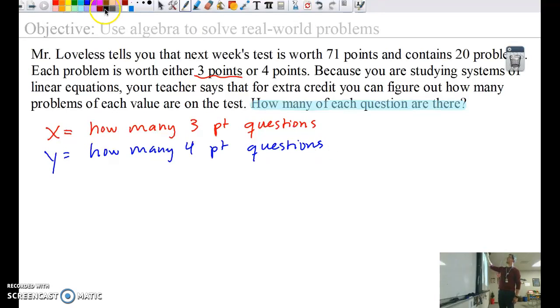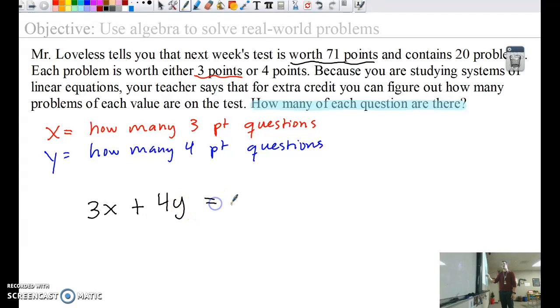Okay, now let's think about what we have in our situation here. We know it's worth 71 points. How much are the X worth? 3. So to find out how many points I get just from the X questions, I'd have to multiply how many X questions I have by 3. So the first equation would be 3 times the number of 3-point questions plus 4 times the number of 4-point questions.